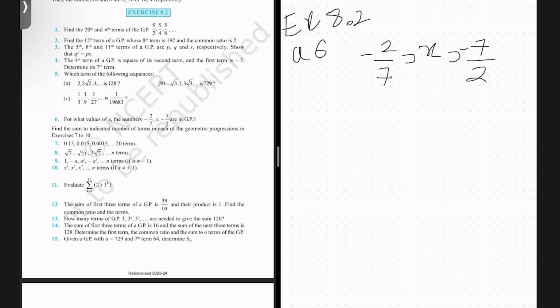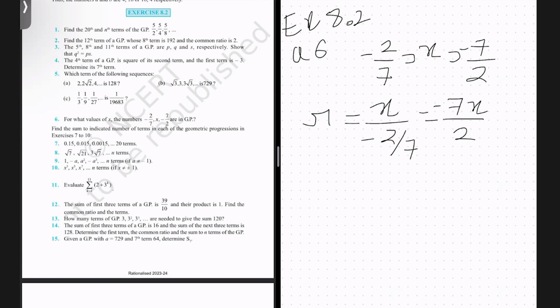If these terms are in the GP, can I say that the common ratio could be expressed as the second term divided by the first term, which is nothing but x divided by minus 2 by 7, which when you simplify is minus 7x by 2. Correct. Is this fairly simple, fairly straightforward to understand?